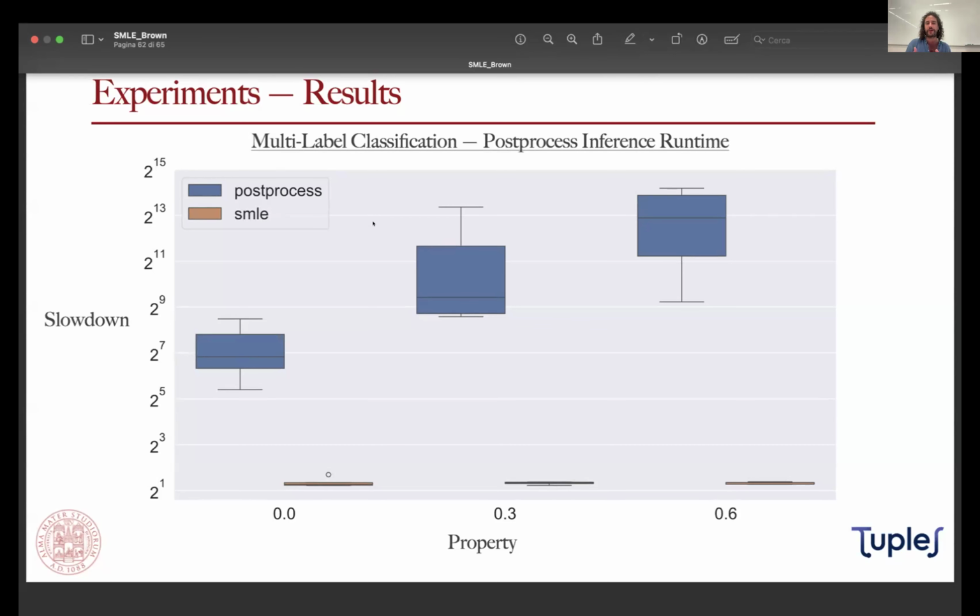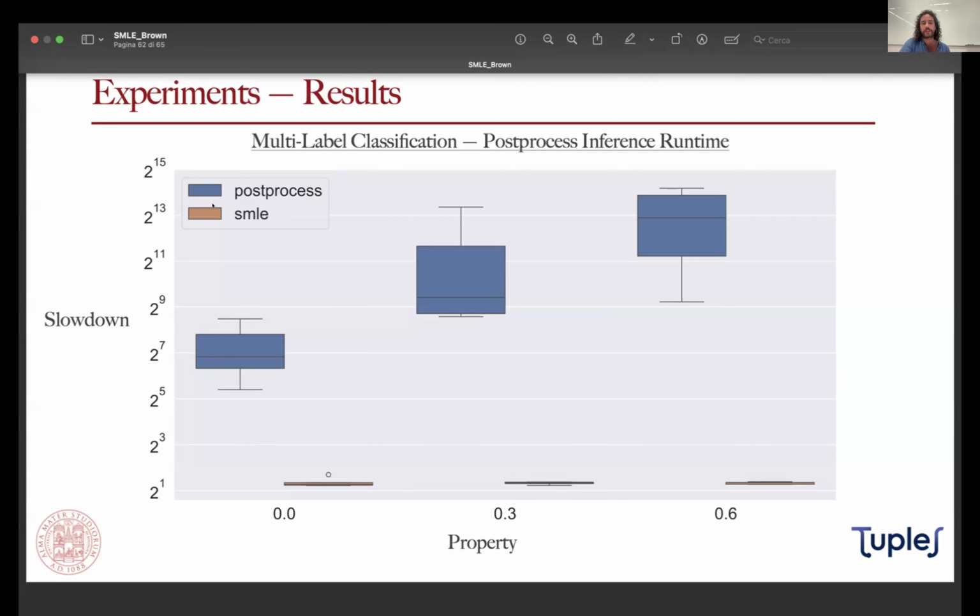Pre-process is fast because it's just a standard neural network. SMLE is a bit slower, around twice slower than pre-process, because in SMLE we are introducing this auxiliary architecture, and we are evidently paying a bit for that.